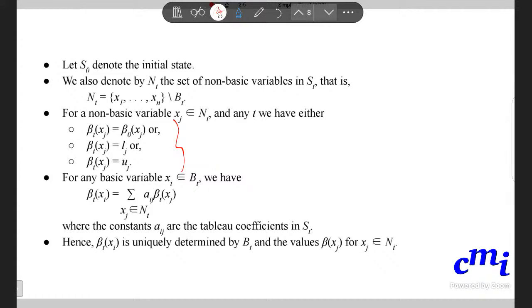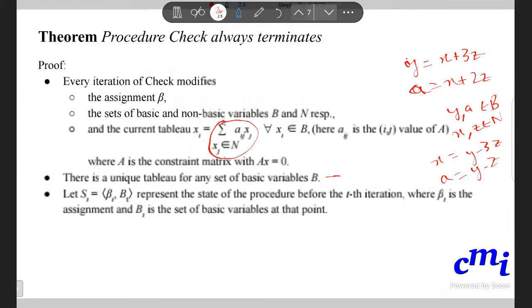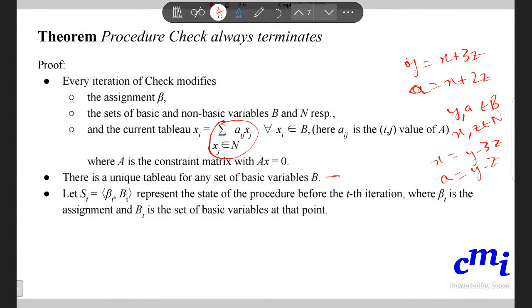Now, this was the invariant that I was talking about before. How do you define your state? Yeah, so my state is defined as B and beta, because the non-basic set is determined uniquely by the basic set.